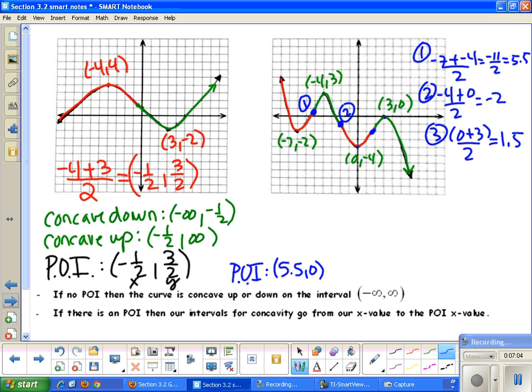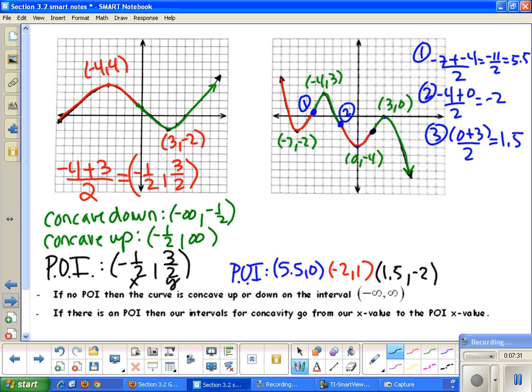So -5.5 comma 0. For the next point of inflection, which is number 2, we have -2, and it looks like we're at -1 for the y value. And for the next point of inflection, number 3, which is the last point of inflection, we have an x value of 1.5, and it looks like we're down at 1.5, -2.